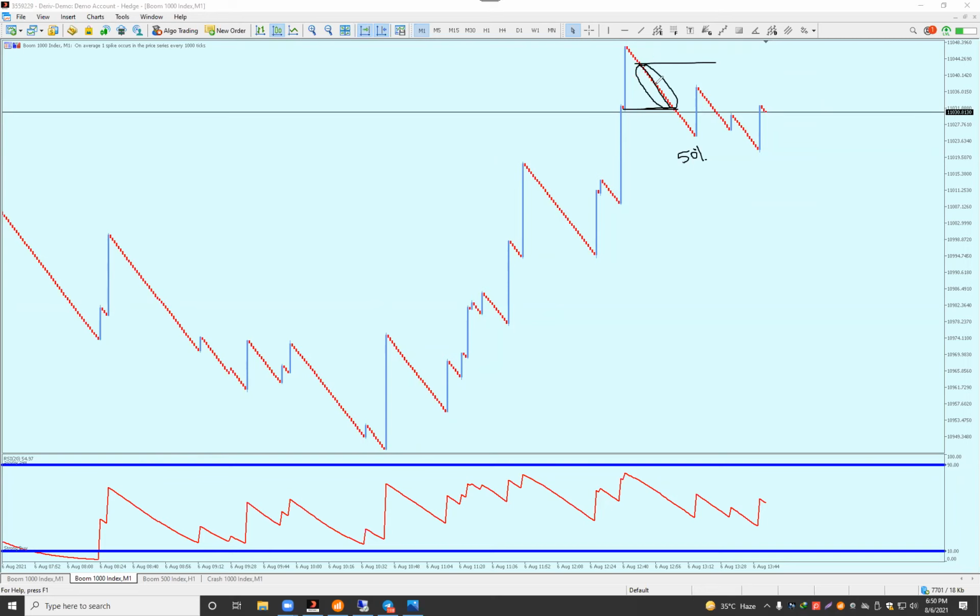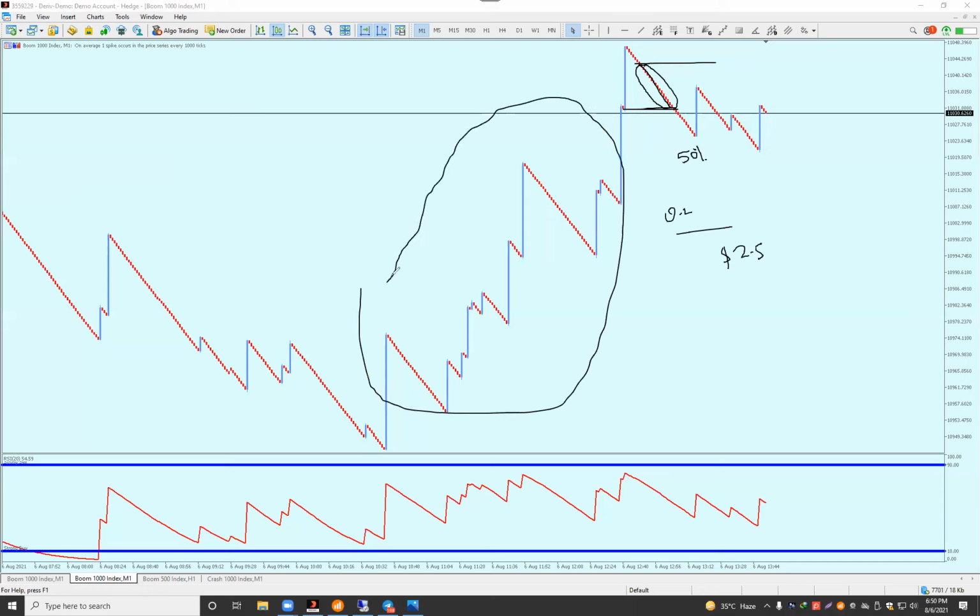On 0.2, it will not exceed $2.5. So when you bear small losses, you will get good profits, and it will increase your account. But if you are targeting too much losses and very small profits, day by day your account will decrease. On the 1 minute, our exit point will be, if the previous spike is broken, we will exit for security.